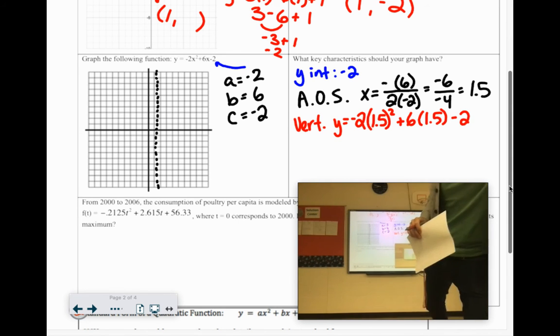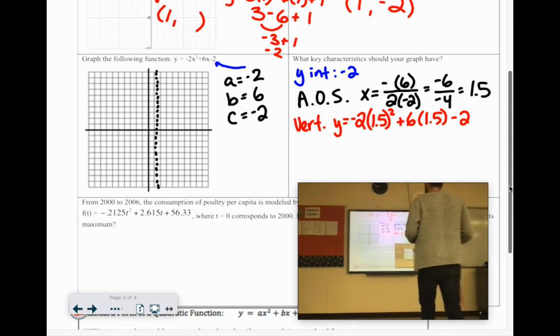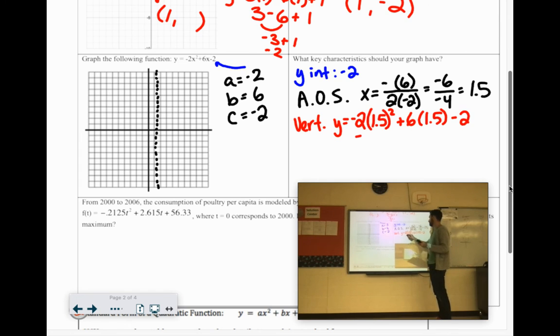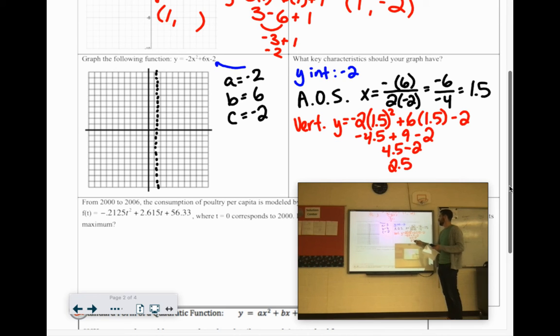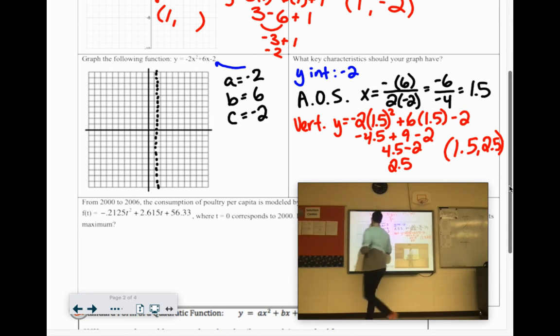I do know that. -2 times 2.25 is -4.5. That makes sense. 6 times 1.5 is 9. -4.5 plus 9 is 4.5. Minus 2 is 2.5. So our x of the vertex was 1.5. Our y of the vertex was 2.5. Great. So we find that point, 1.5, 2.5.